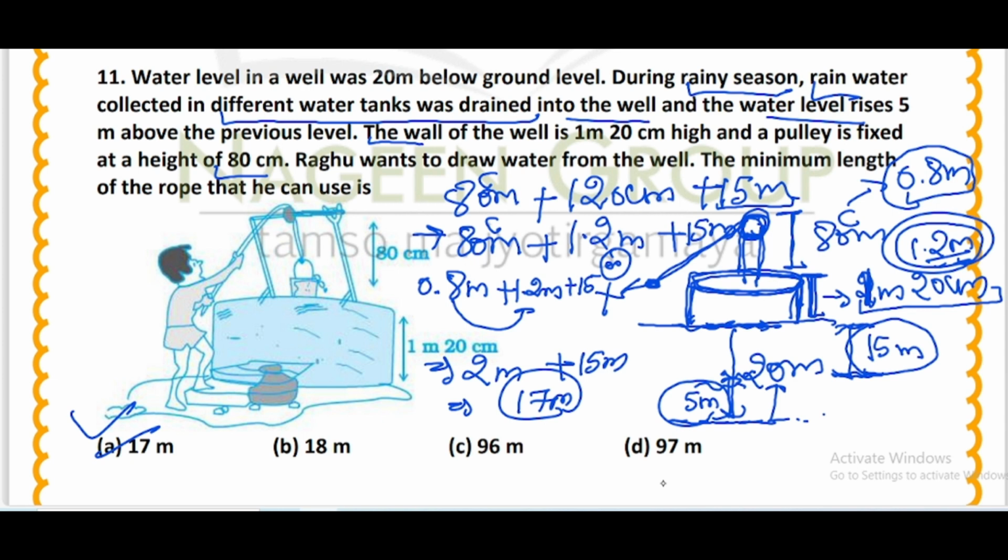Okay. Then the total length of the rope required is 0.8 meter and 1.2 meter and 15 meter. Then we add, that is 17 meter. And the right answer is part A.